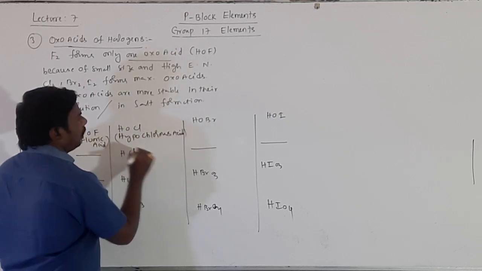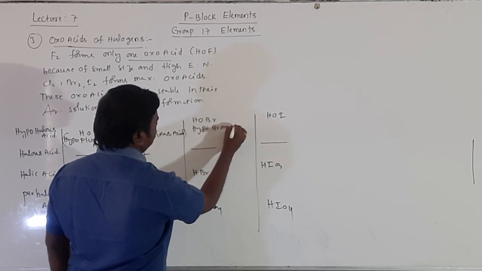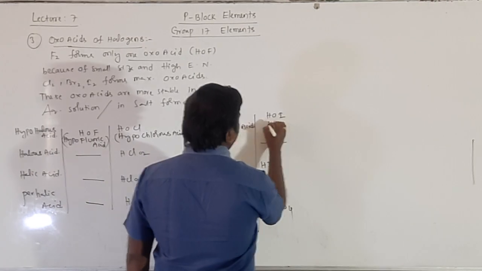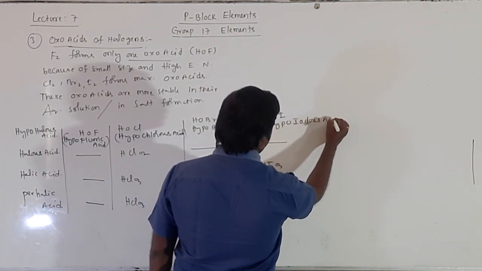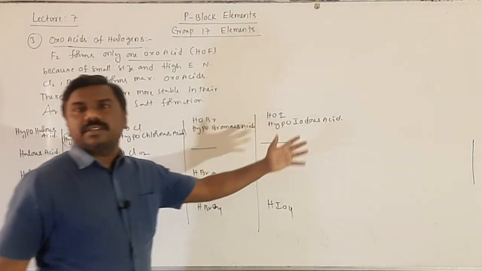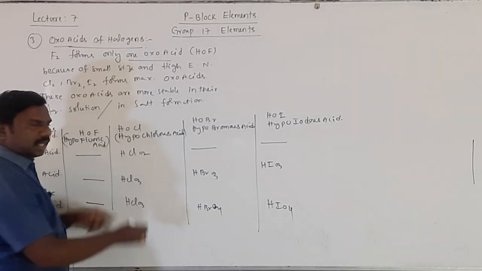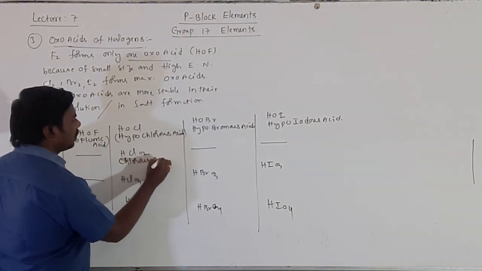If bromine is there, hypobromous acid. Iodine is there, hypoiodous acid. Getting names? This is called halous acid. Chlorine is there, chlorous acid.